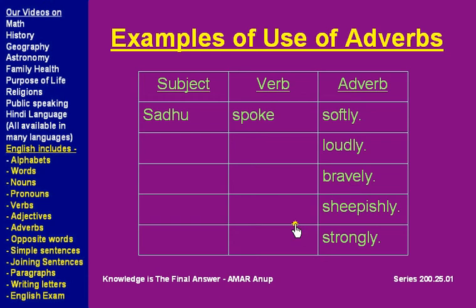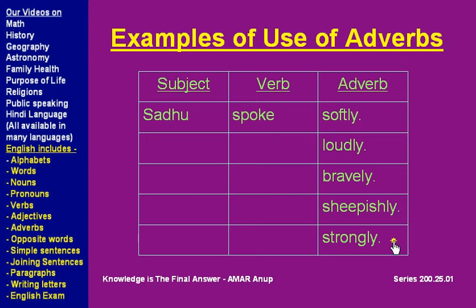See, here is an example. A person named Sadhu. Sadhu spoke. Now it could be softly. Sadhu spoke softly. Sadhu spoke loudly. Sadhu spoke bravely. Sadhu spoke sheepishly. Sadhu spoke strongly.